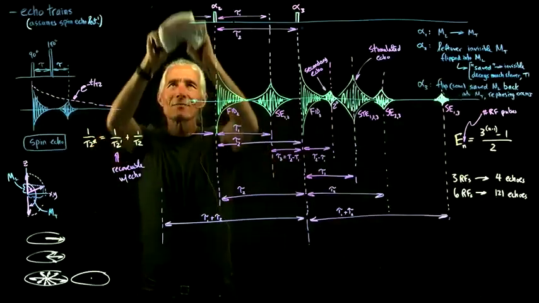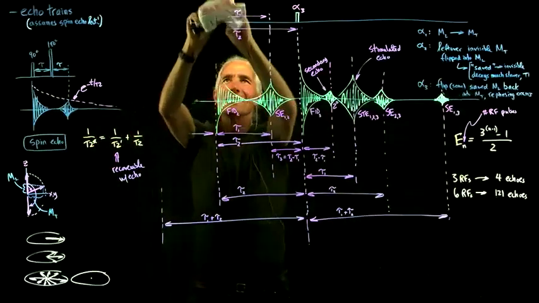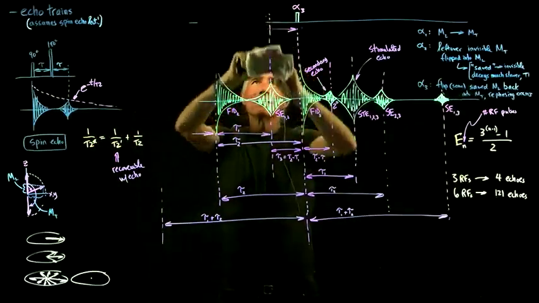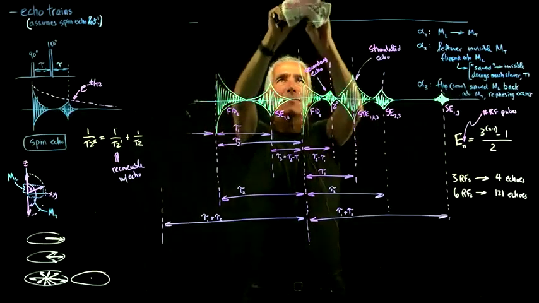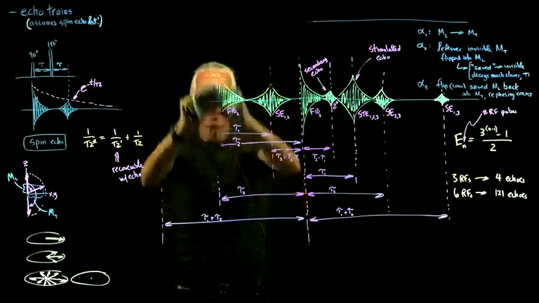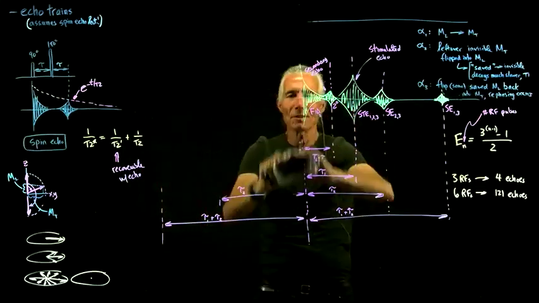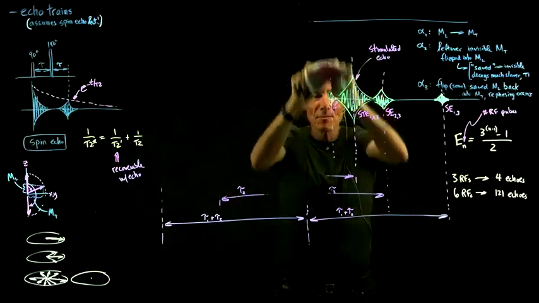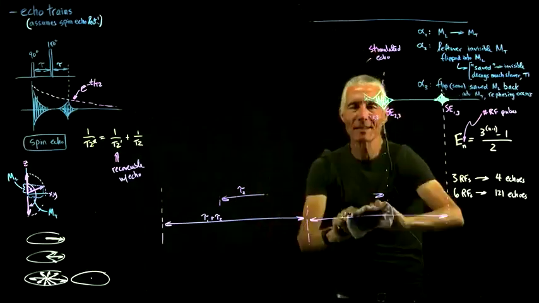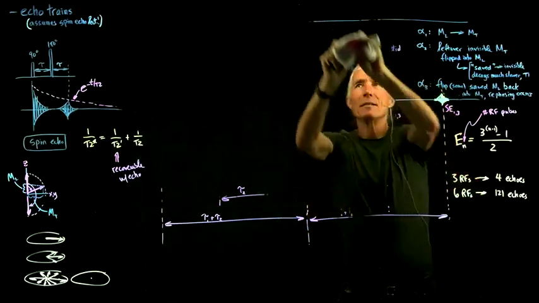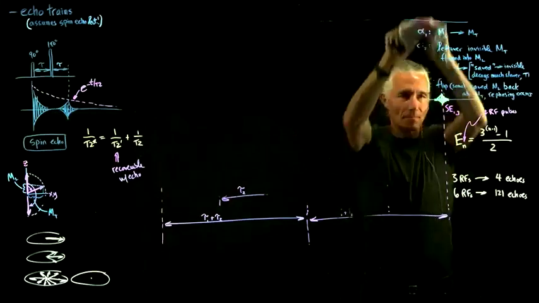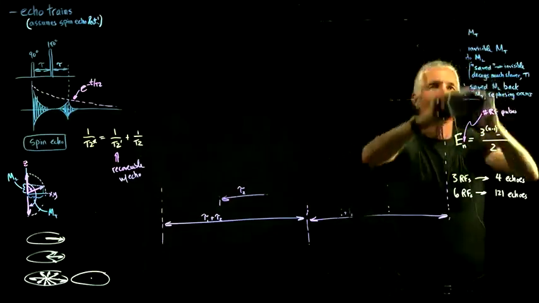So what's an actual practical pulse sequence that's heavily used? Like I said before, one idea is why don't we just use a very regular sequence, because we've got these echoes and the echoes come out on a regular basis.